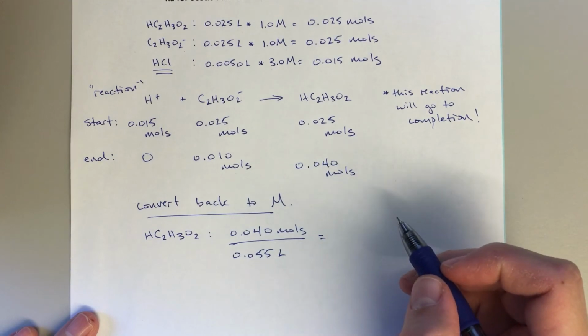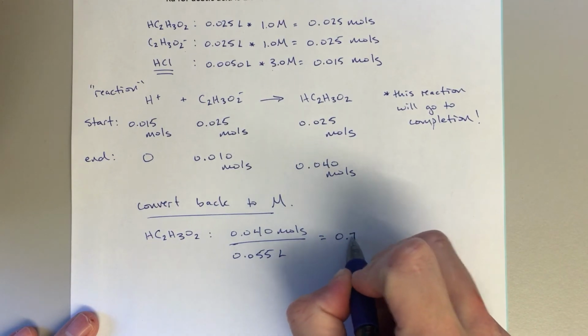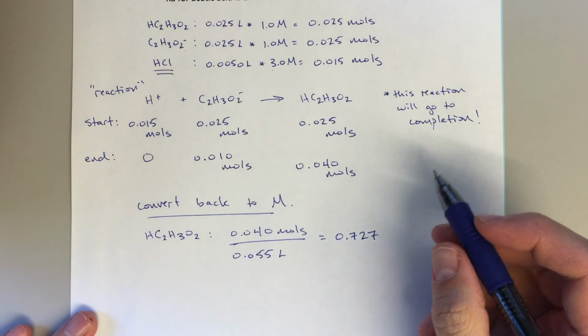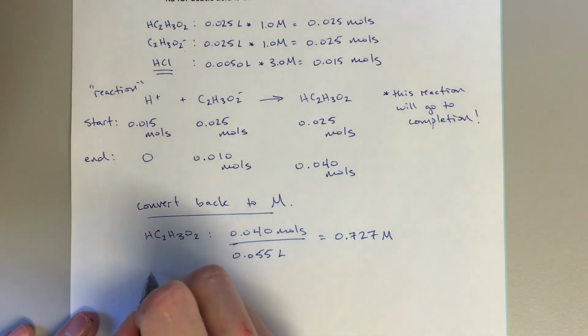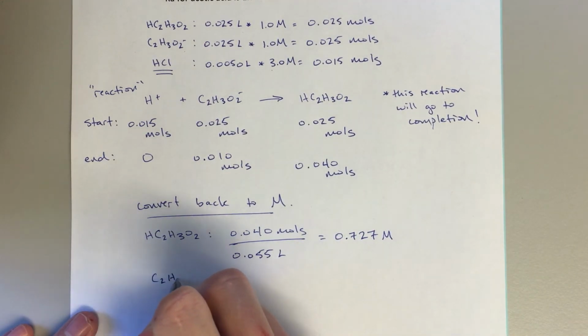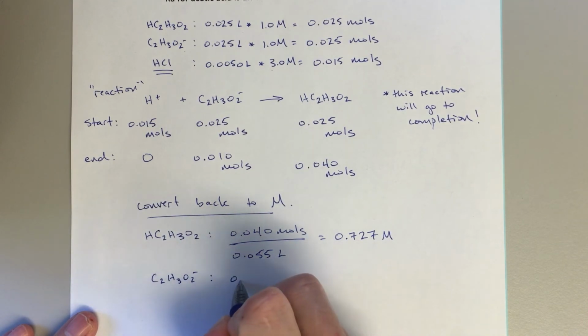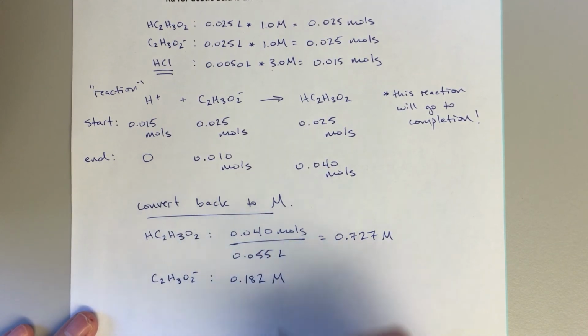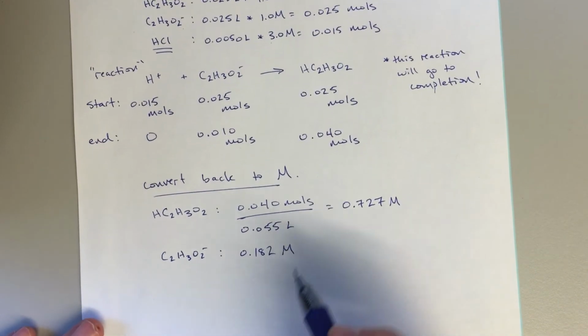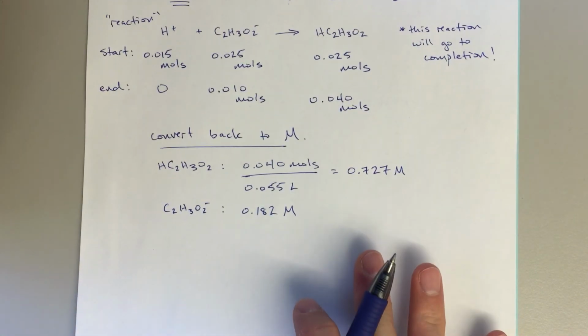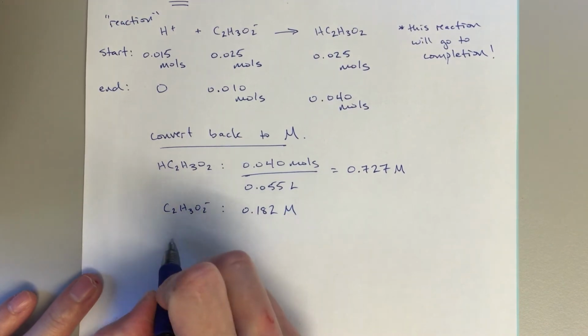And so for acetic acid, this is going to equal 0.727 molar. And for acetate ion, I'm going to do the same exact process, and I'm going to end up with 0.182 molar. The last step then is using my Ka to figure out what my final concentrations are.